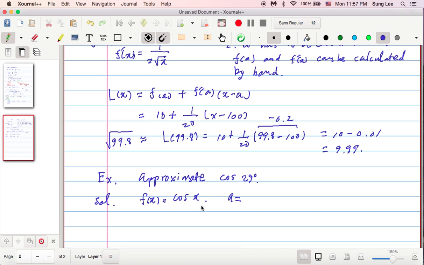In this case, the degree that satisfies both criteria would be 30 degrees, because 30 degrees is obviously close to 29 degrees, and it is one of the special angles where you are supposed to know the values of sine, cosine, tangent, and so on.